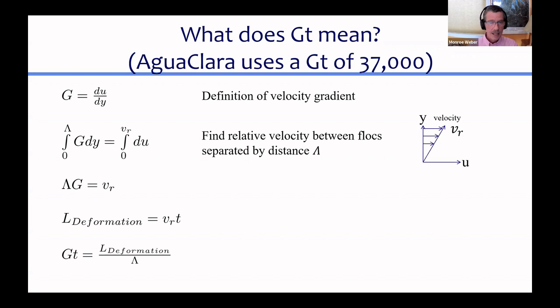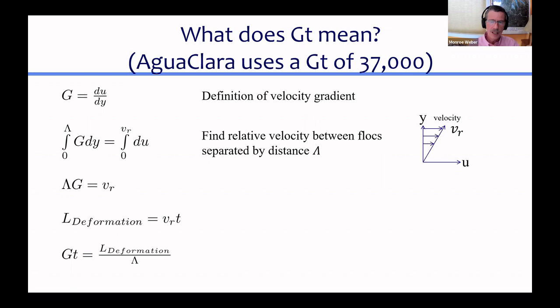And what you get is that lambda times G is equal to the relative velocity between those two particles, so that given the spacing between two particles, lambda times G is the relative velocity that those two particles will have. That'll be the velocity that they're approaching each other at, or passing by each other at.